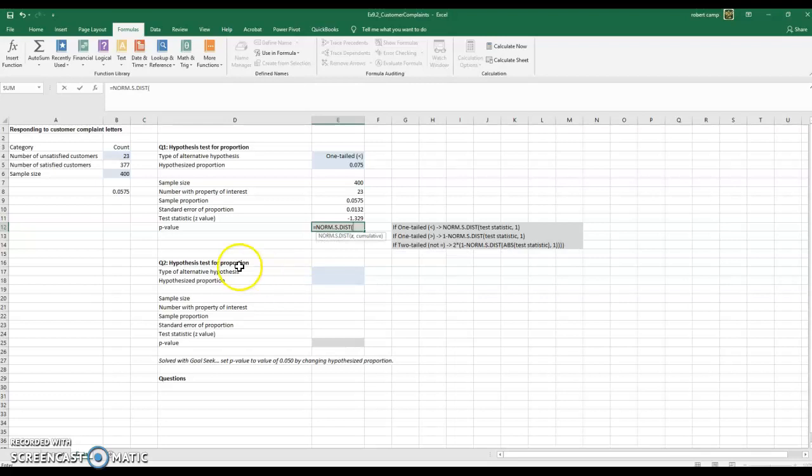So we want to know our p-value, where our p-value is going to be that test statistic, and we want it to be cumulative, because if we put 0, it's going to tell us what the distribution for just that one spot would be. We want everything from the end all the way to where we're at. And so we calculate that out. We get a p-value of 0.092.